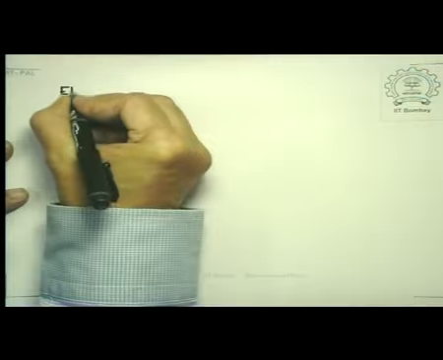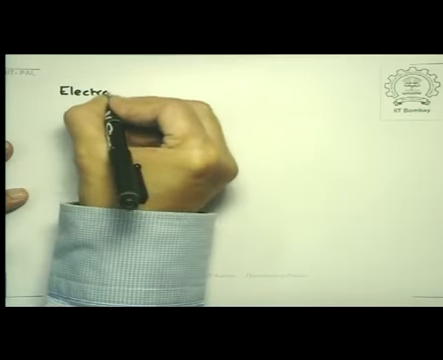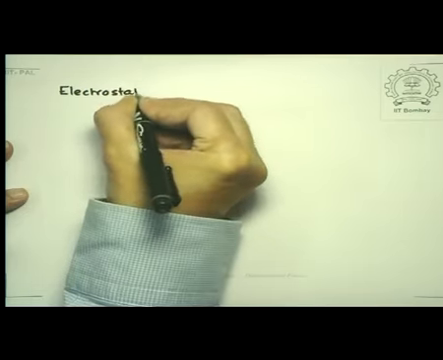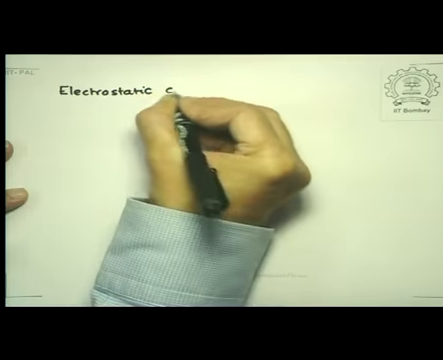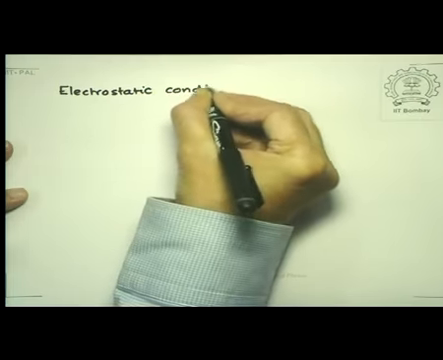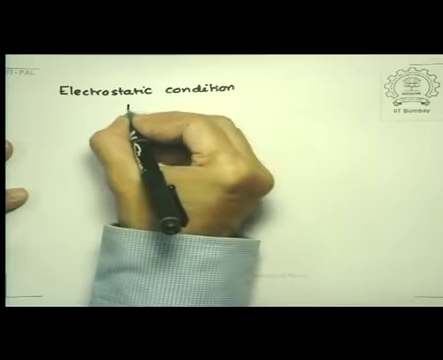So we have seen that under electrostatic condition, there is no field inside a conductor. Now what happens in such a situation? See, the electrons are still free, so let's write it down. Static condition. So no field inside the material.